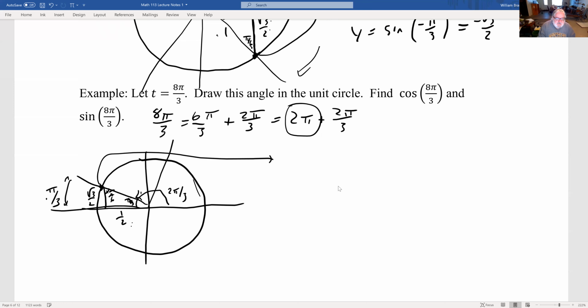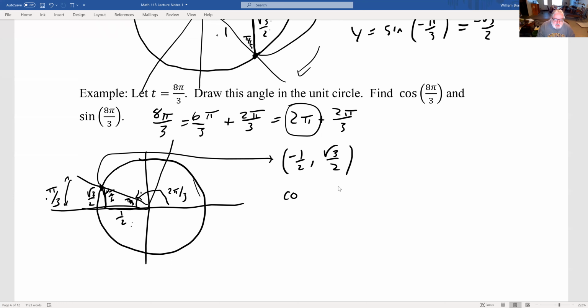So what are the coordinates of this point? Minus 1/2 to the left, and then √3/2 up. And the picture doesn't reflect the actual numbers, because this should be bigger than that, so the angle is actually up here somewhere. But that's okay. We're just sketching here. We're not trying to be super accurate.